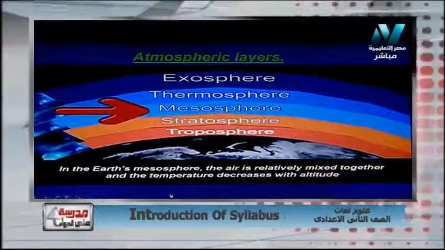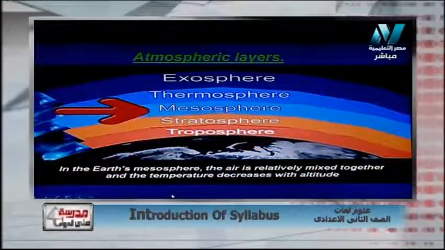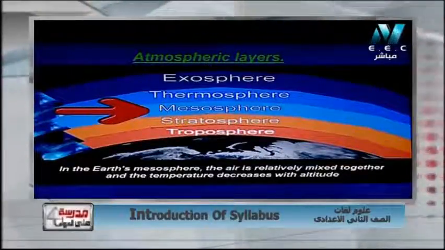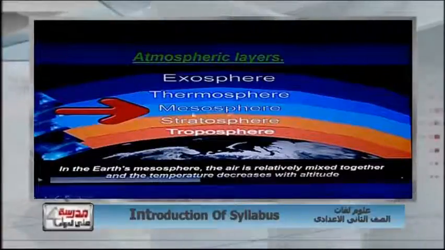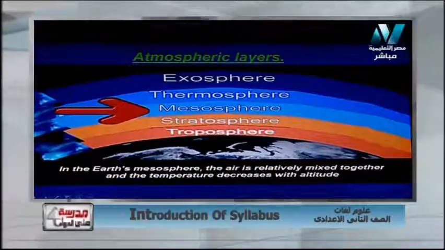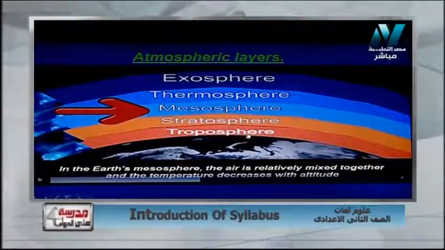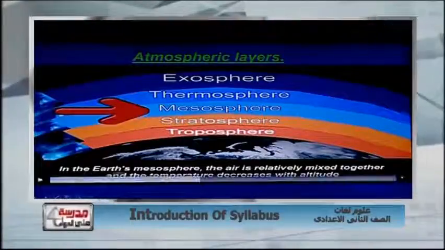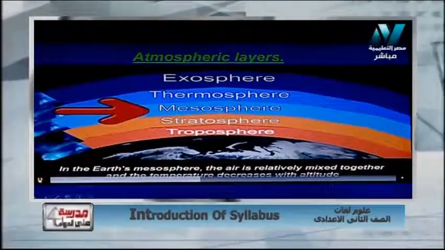The mesosphere is the third layer of the atmospheric envelope. In this layer the temperature decreases as we go upward. The troposphere decreases, the stratosphere increases, then the mesosphere decreases, and the coldest layer is the mesosphere.